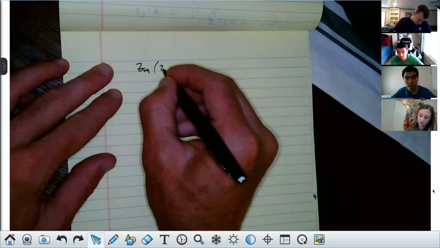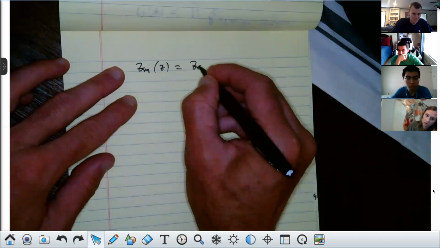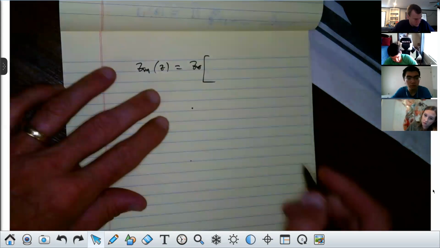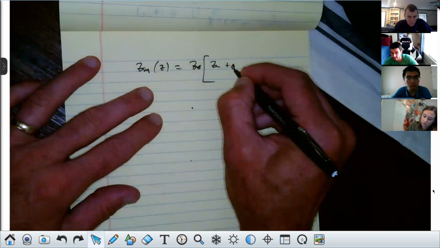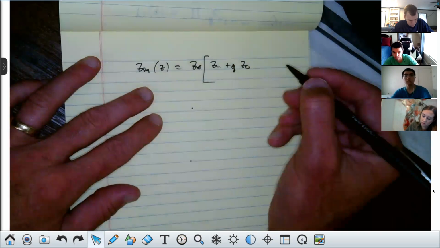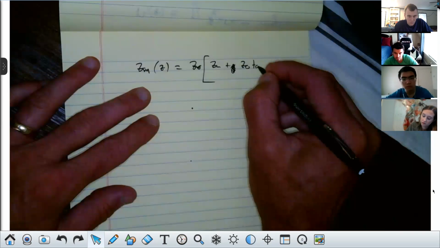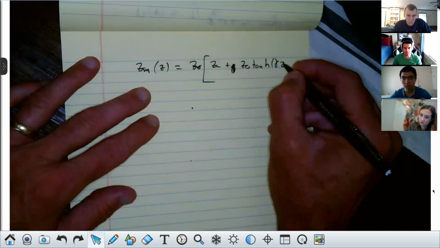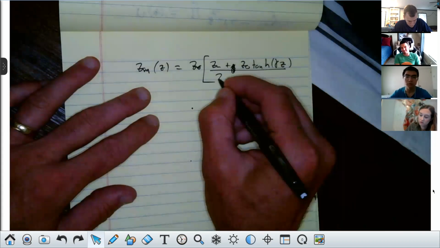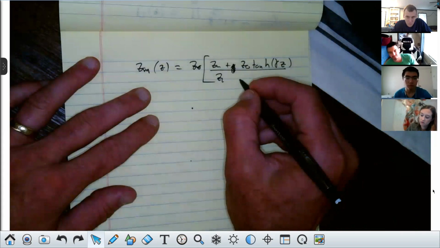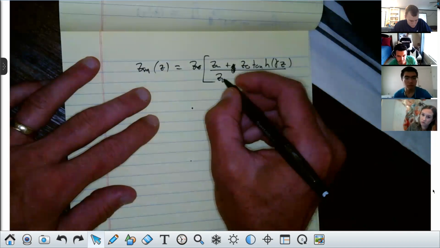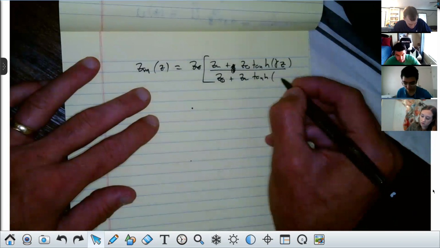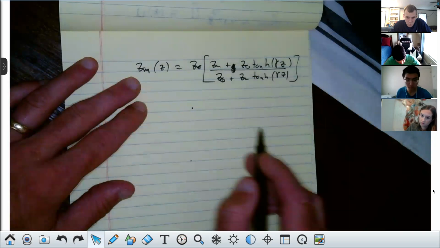Zn, if we manipulated that, would be equal to the characteristic impedance Z naught, and these are on page 51, by the way, times ZL plus Z naught times the hyperbolic tangent of gamma times Z, over Z naught plus ZL times the hyperbolic tangent of gamma times Z. And that's the input impedance at a location Z.